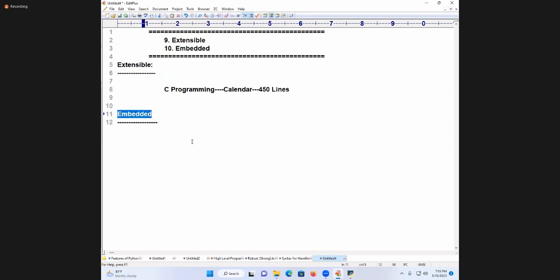Embedded. What is meant by embedded? Python can use other language code wherever it is required. That is called embedded. Python can give its services to other languages wherever they require. This is called a give and take kind of policy, called embedded and extensible. Am I clear or not?